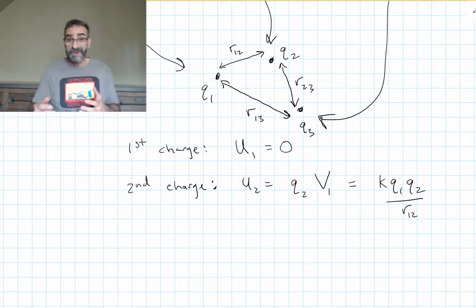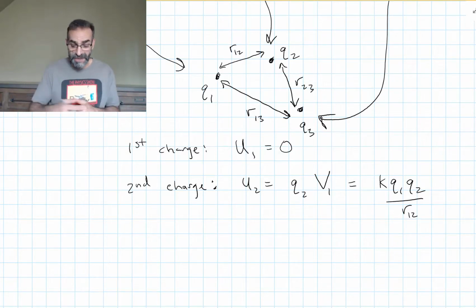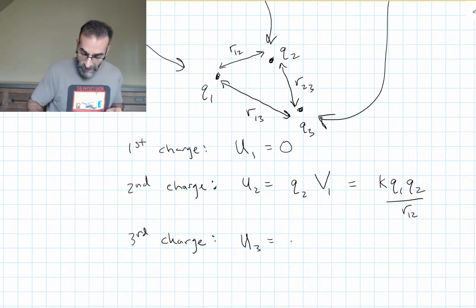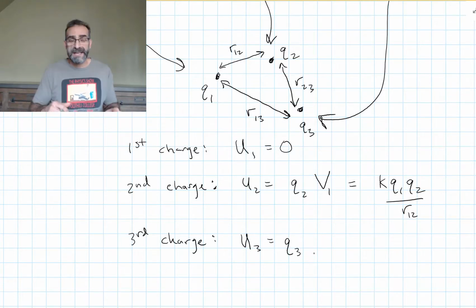Even if it's 0, it might be 0. Maybe one of these charges is attracting it, the other one's repelling it, and it turns out that it all cancels to 0. We didn't do any work bringing Q3 in from infinity, but this equation will tell us. The potential energy for our third charge is going to be its charge times the potential at its final location, because we knew it started out at V equals 0.